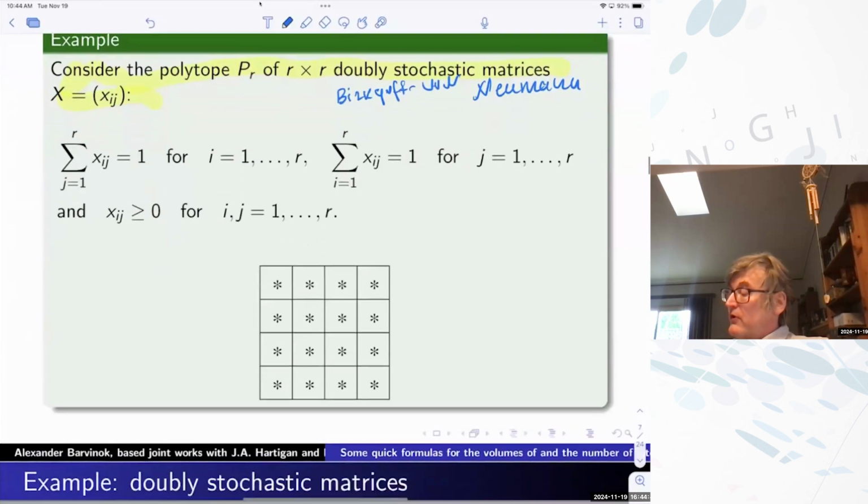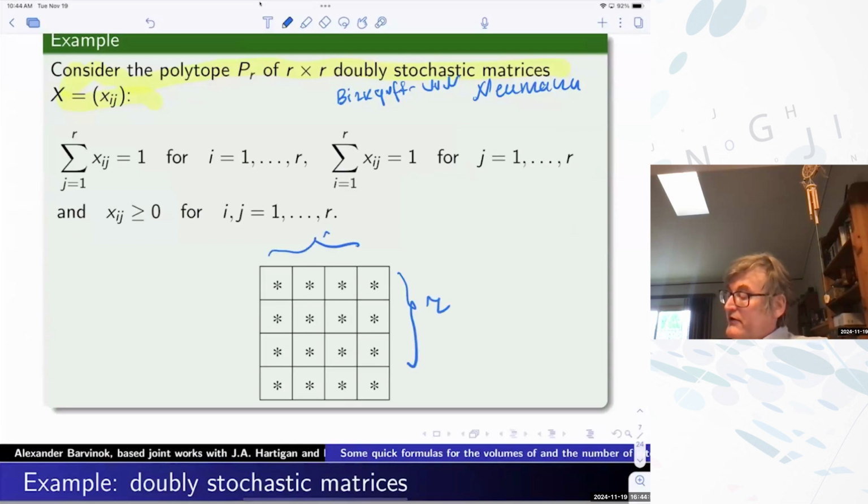We call it, I used standard letters for dimensions, R by R matrices with non-negative entries where all rows and all columns sum up to 1. And that was also mentioned yesterday by Mikhail Gromov. So it's a wonderful thing.